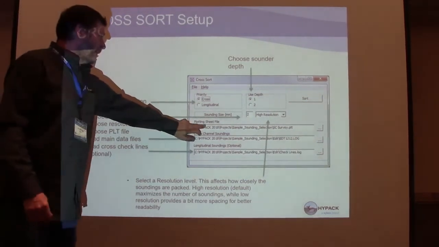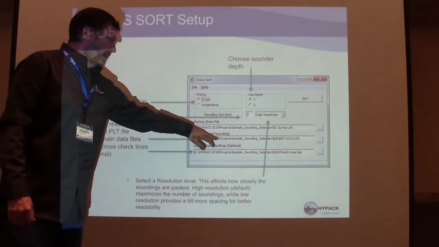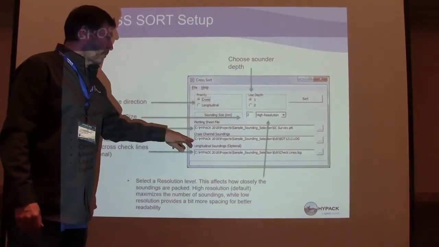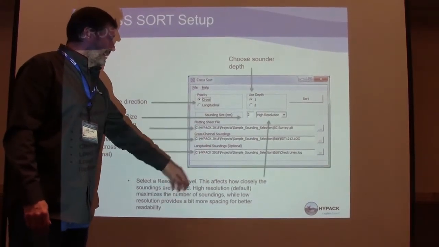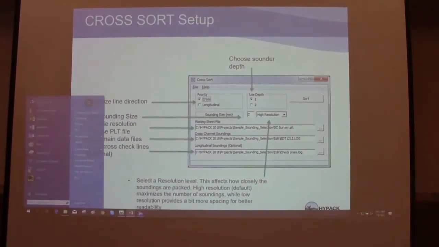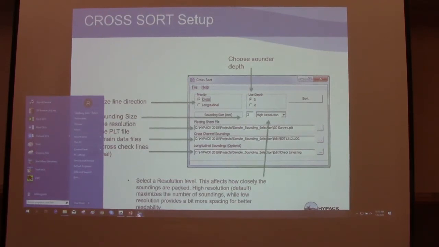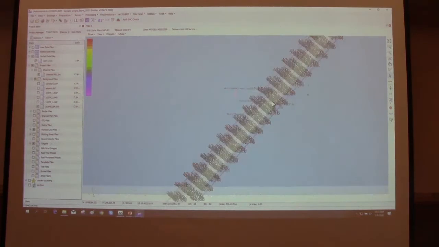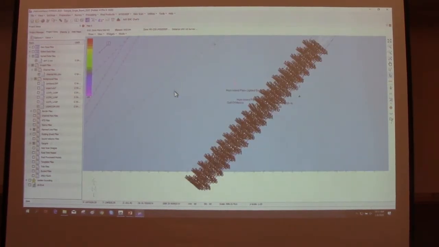So over here, we're going to add our plotting sheet file. If you have one data set, just a bunch of cross-sectional lines, just load those here. If you do have your check lines, you can load them at the bottom. In this example, I think I was using this project.